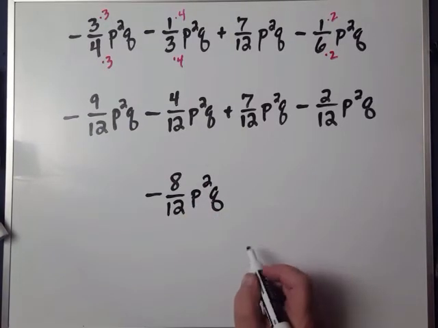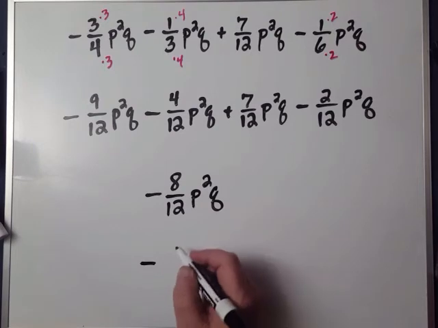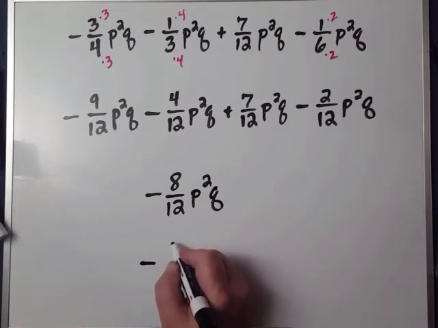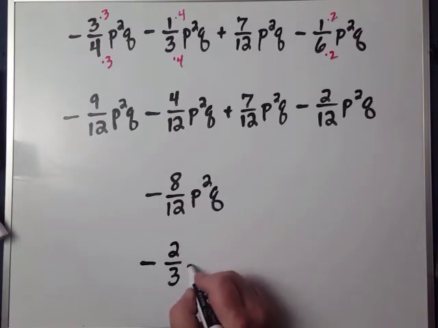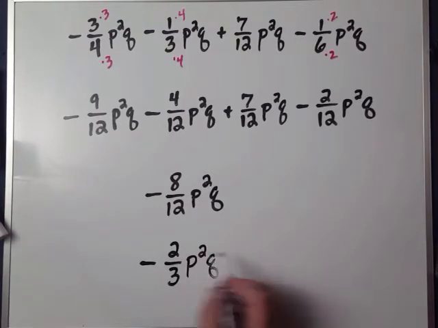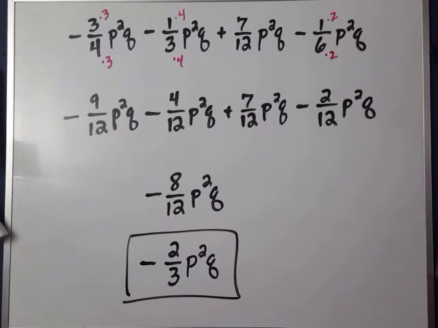And of course this is not simplified until I make sure that my fraction is reduced to lowest terms by a factor of 4. That reduces to a negative 2/3 p squared q. While we're at it, go ahead and classify that as to its degree and its number of terms.